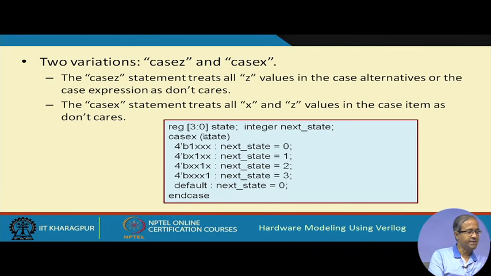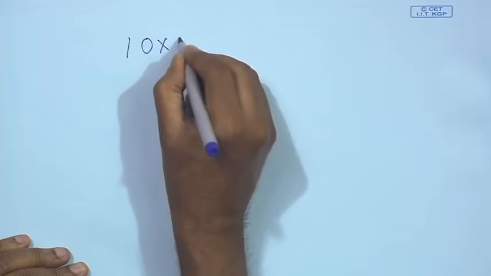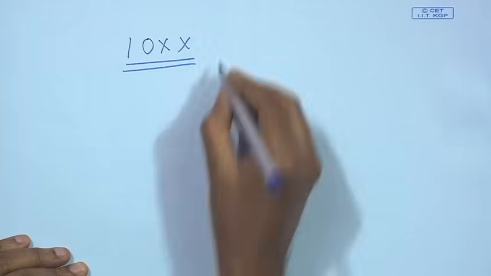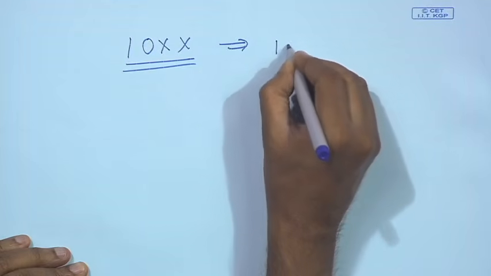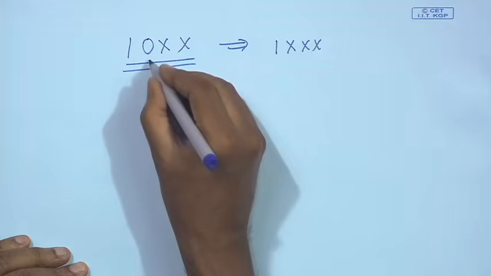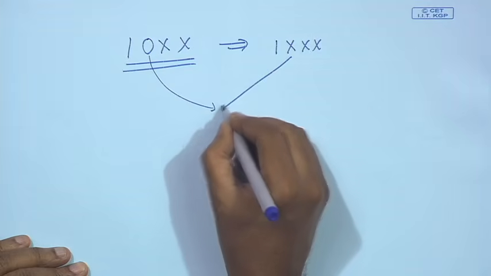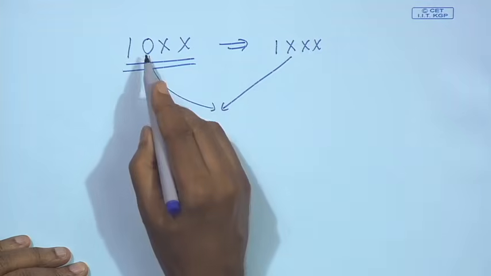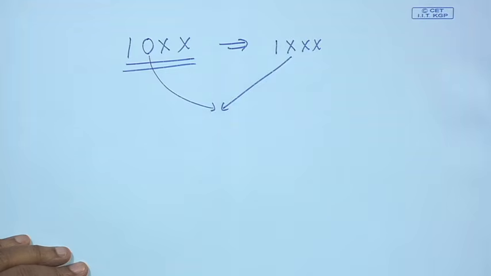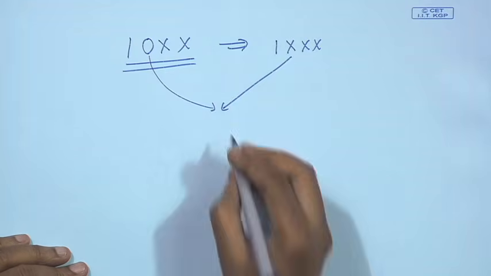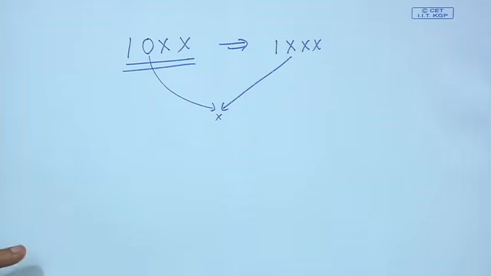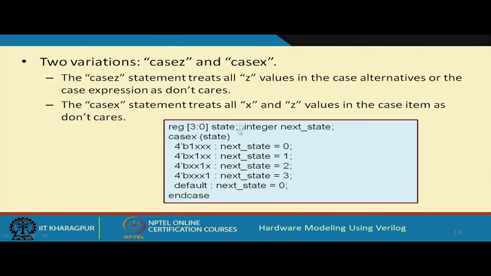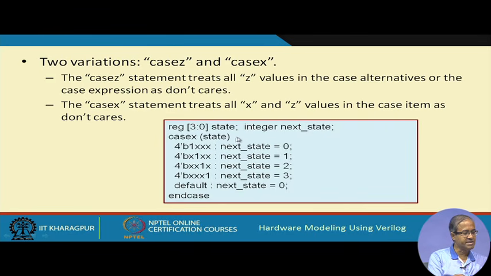You see, if your state has a value, let us say 10xx, this will match with the first condition, which is 1xxx, because 0 and x match; x is do not care and 0 is one possible value of the do not care. But if you give only case, then these will not match. If you give casex, then only the first bit of the state needs to be 1 or not; the other 3 can be anything.